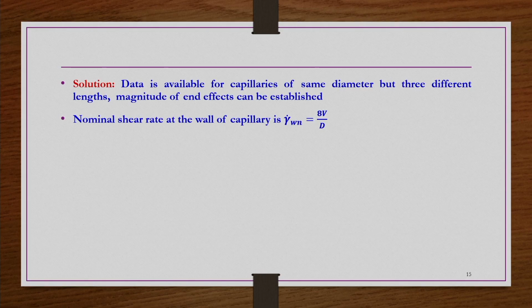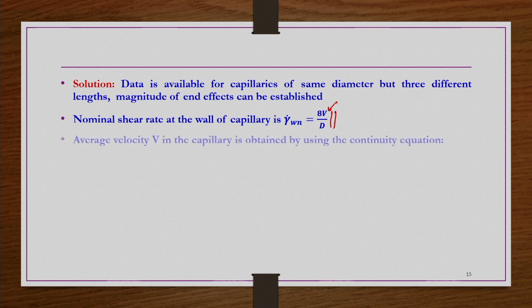We have seen that nominal shear rate is nothing but 8V by D, but V is not given. V ram, the barrel velocity, is given. V is nothing but the average velocity of the fluid when it is passing through the capillary, not in the barrel, so that we have to find out.